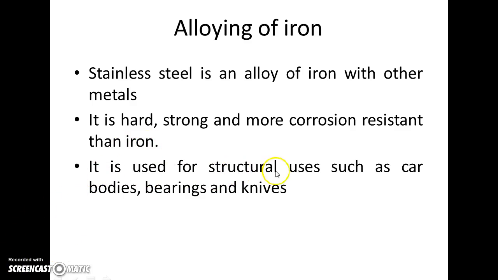It is used for structural uses such as car bodies, bearings, and knives. In whatever regions that the application needs a longer application life, then we will use a more corrosion resistant stainless steel to replace the iron.